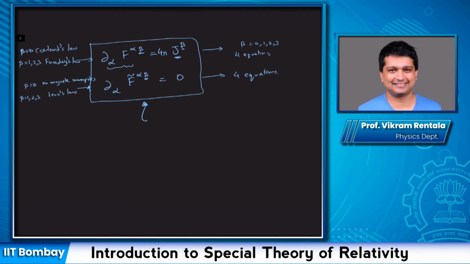So automatically, just by writing it using the proper 4 vector notation and correctly identifying the components of tensors and vectors, we see that Maxwell's equations preserve the same form under special relativity transformations.